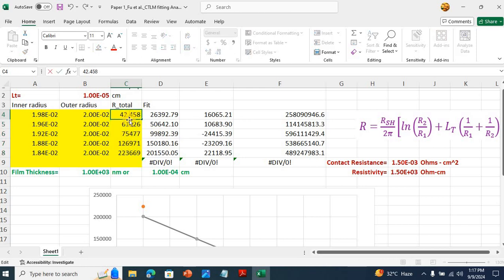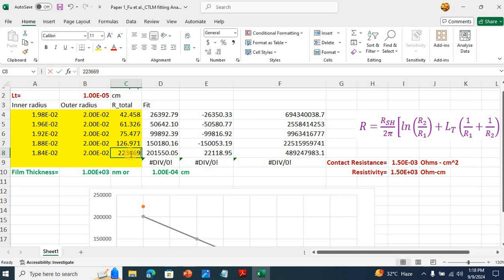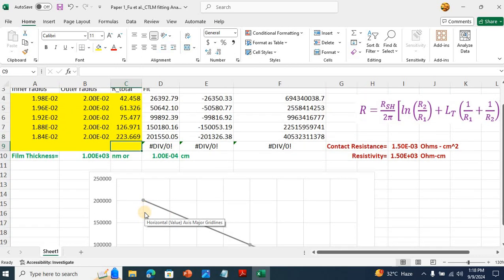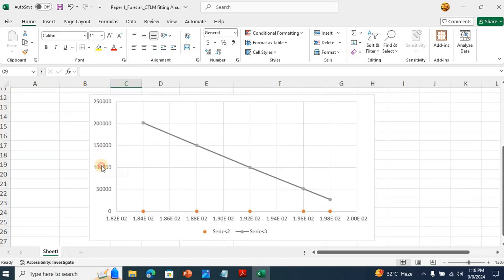42 point this value, 61 point this value, 75 point this value, 126 ohms, and then 223 ohms. So the y-axis actually should be in the range of 40 to 250 roughly, you can say.